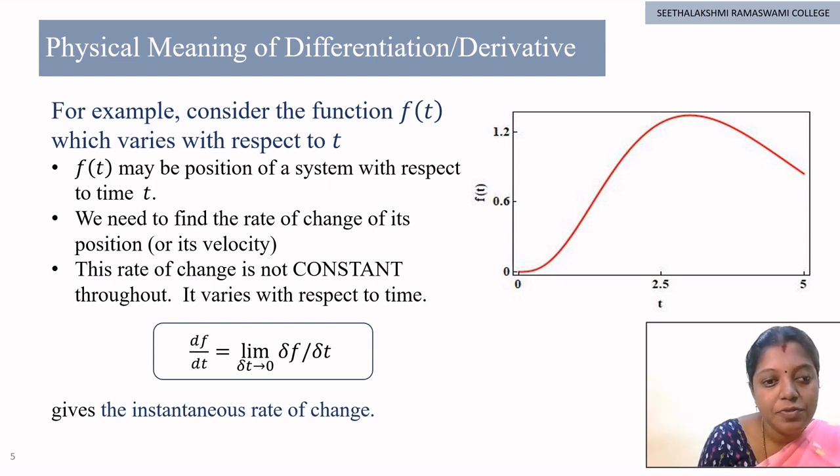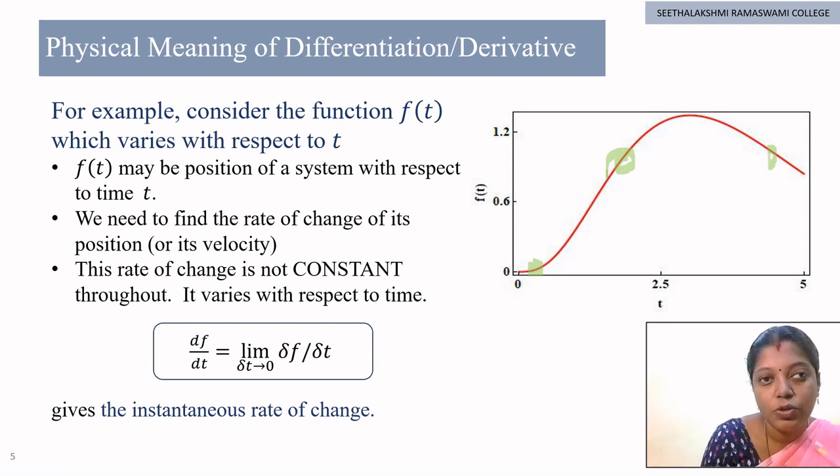Look at this figure, you can find the rate of change is not a single value for this complete path. It is not constant, because it is varying with respect to time. For example, df by dt is something here, and it is different over here, and different at this point here.